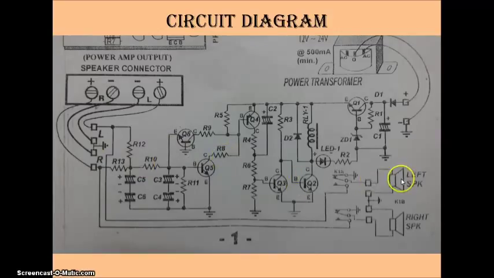This is the output from this circuit to the left speaker and to the right speaker. And from the power transformer, this is what we know as the power supply for the circuit to make it run.